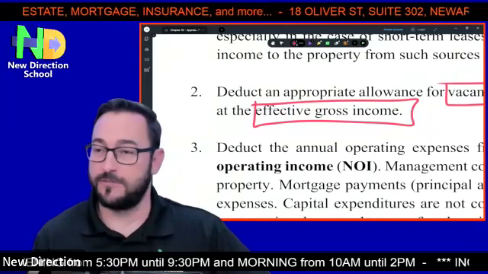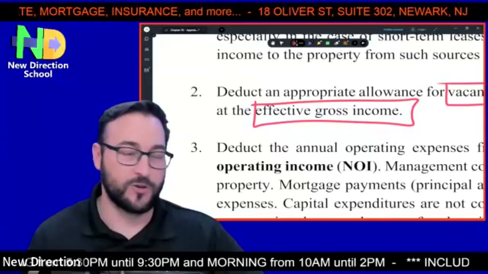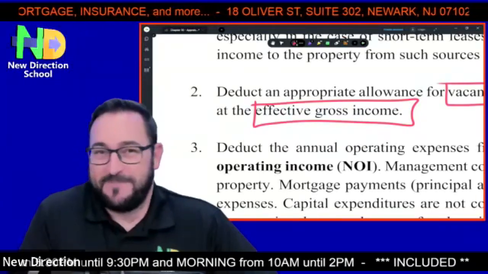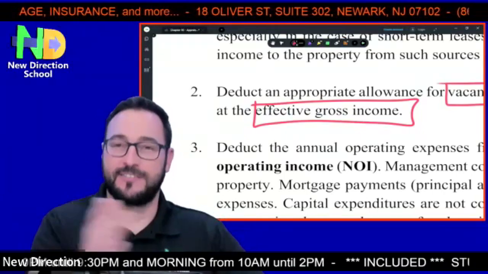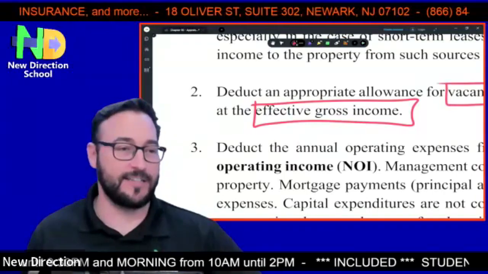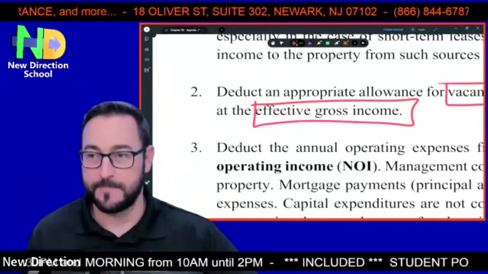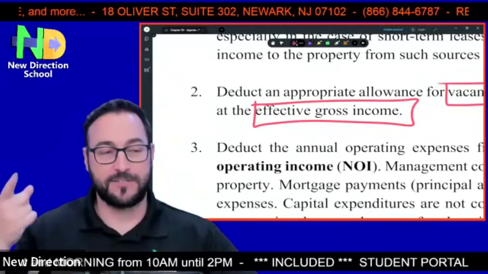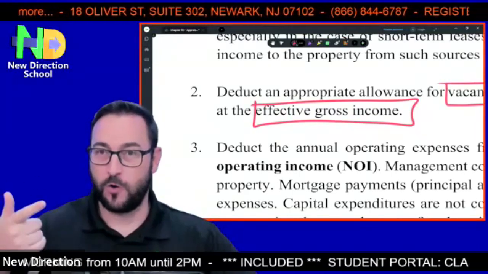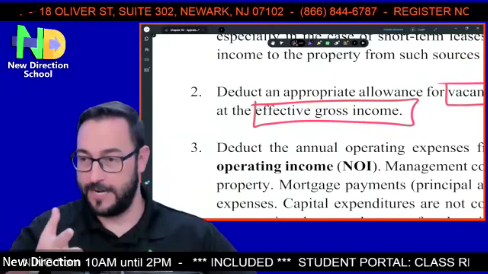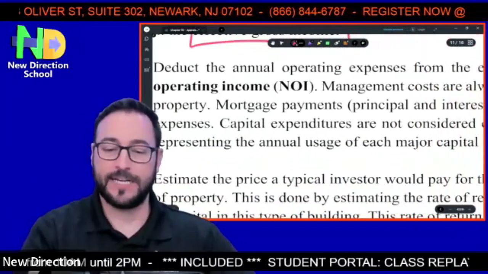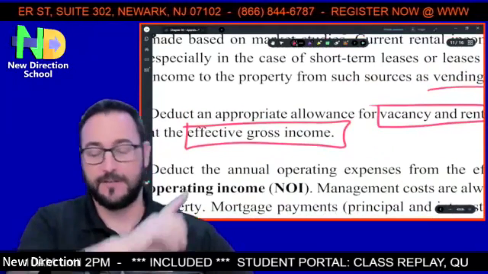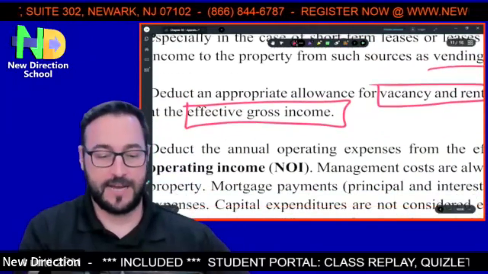Like if you work in the restaurant business, I can tell you right now, you don't show up, you don't get paid. Simple, right? So there is, let's call that the vacancy or rent collection losses, not showing up to work. But there's the expense to go to work. Gas, tolls, parking, clothes, whatever. So that's the operating expenses. That's different from these losses. That's the operating expenses.